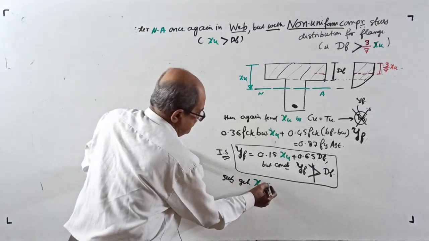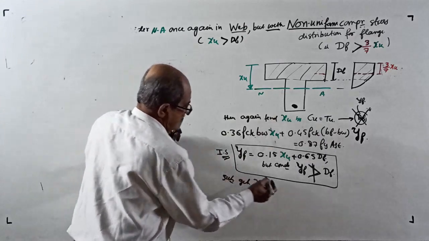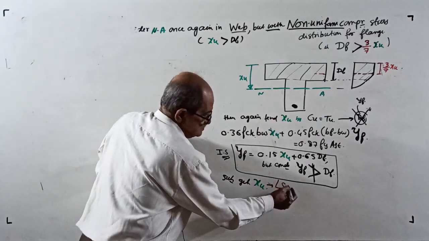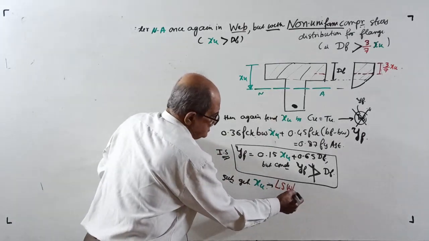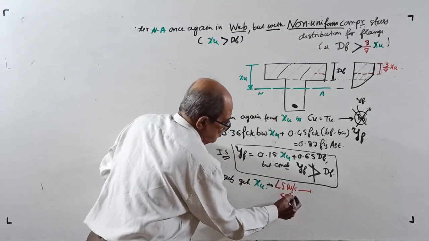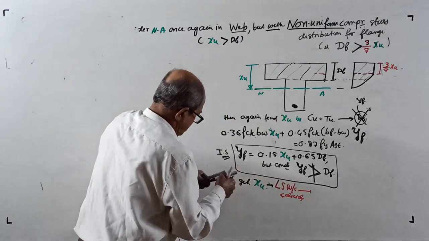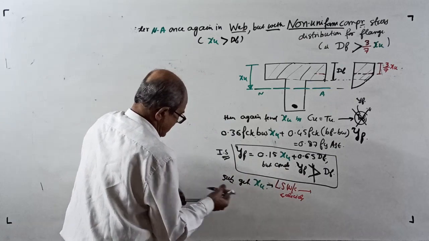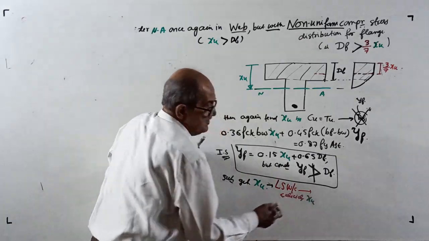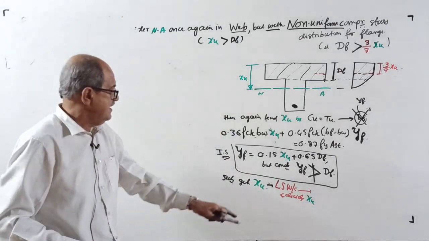Remember, limit state check is required, and decide XU. This I will not tell now. Whenever you find XU, you should compare with XU max. That I will not tell now. Okay, XU decided.